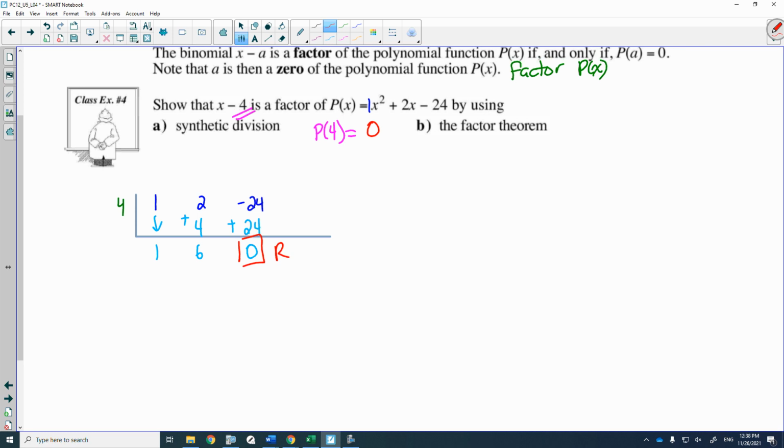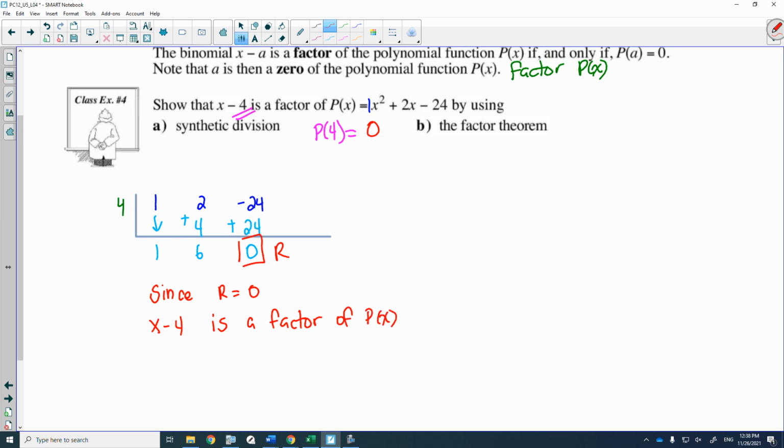Since r is equal to 0, if you get a remainder of 0, what that means is x minus 4, which was the divisor, is a factor of p of x.